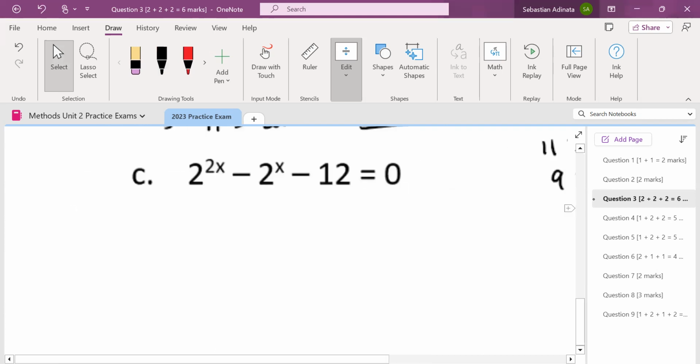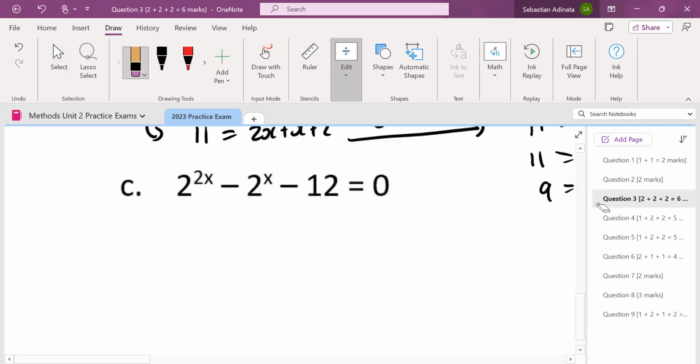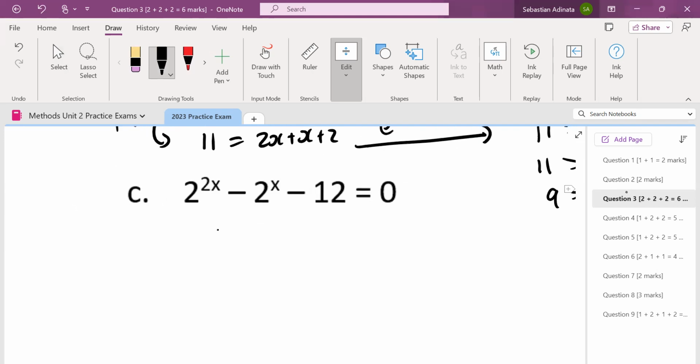Now, this one is a slightly trickier one, especially if you are unsure of the rule to follow. The way we want to do this is we want to turn this into a quadratic. What a quadratic is one of these, x squared plus x plus 5 equals 0.